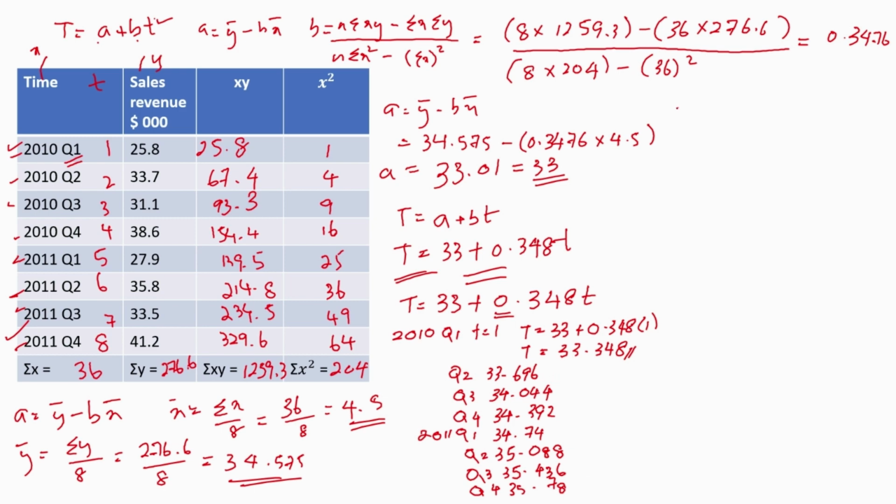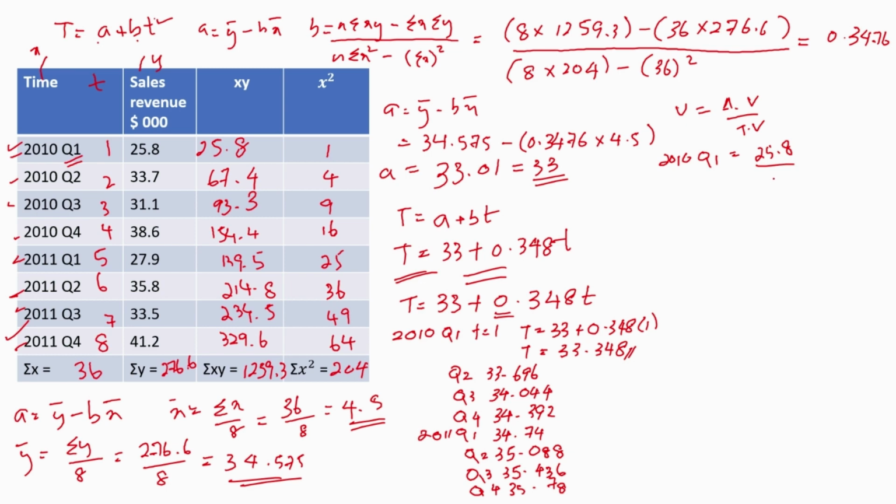The formula to find the variance is variance equals actual value divided by trend value. So let's find the variance for 2010 quarter 1. Actual value is 25.8. This divided by the trend value.